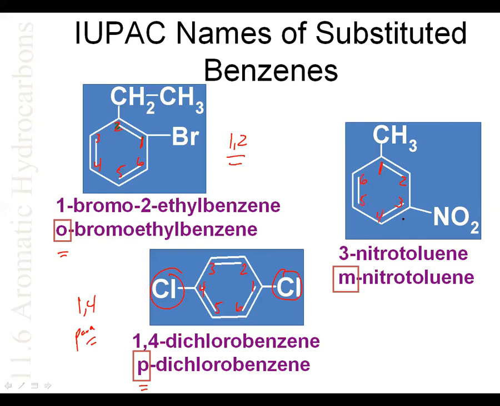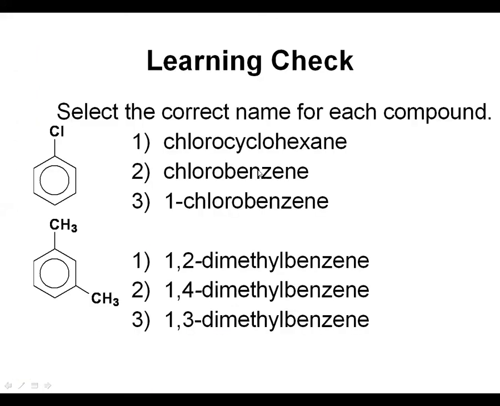And that's going to be 1 and 3, which is our meta positioning. And in this case, this whole thing here is toluene, which is the basic name there. And that's why in this case we just use nitro for that nitrogen-containing group there at carbon number 3. Any questions on that there on benzene? Let's see what we got here.